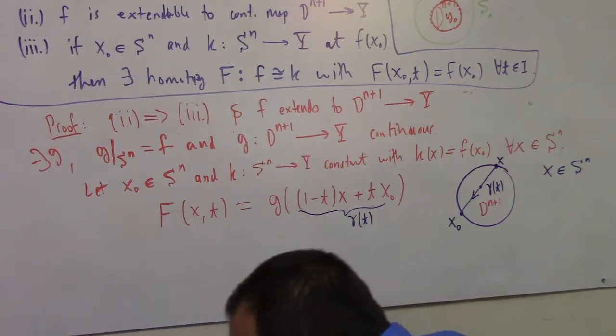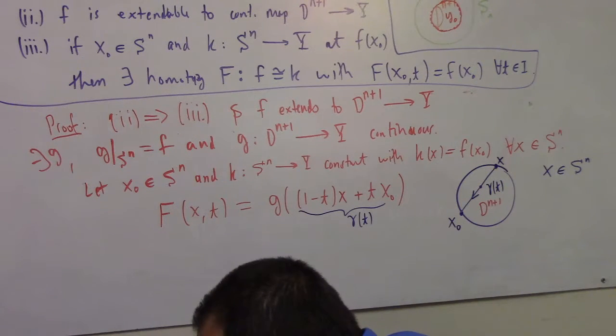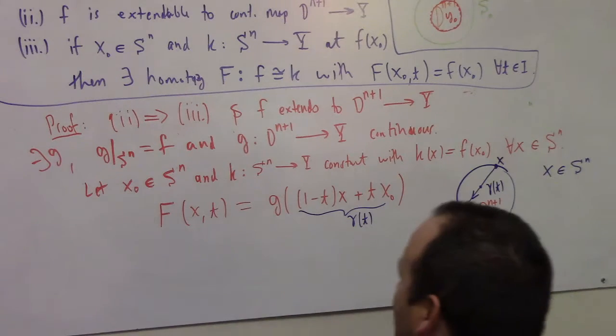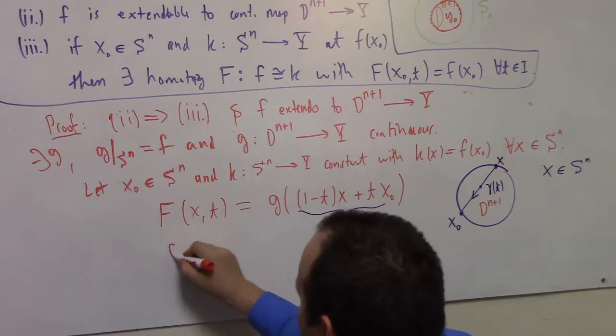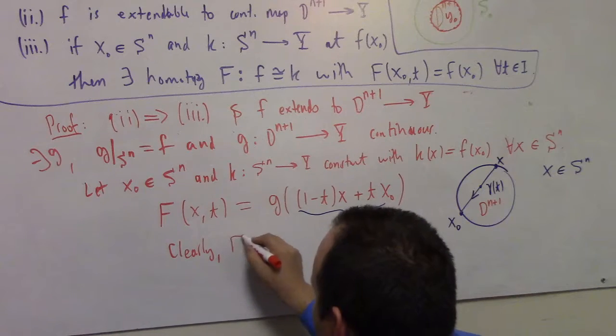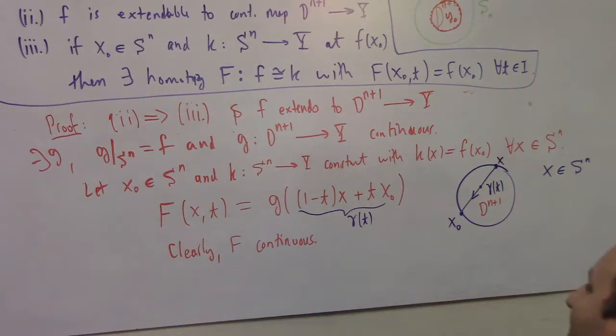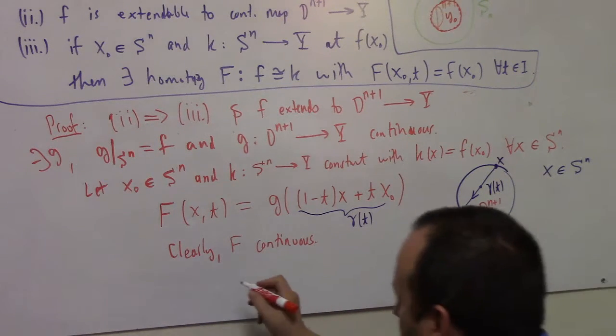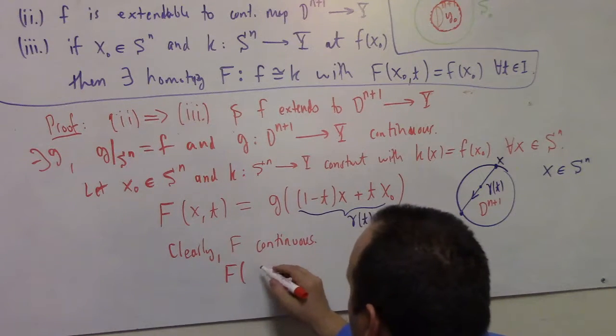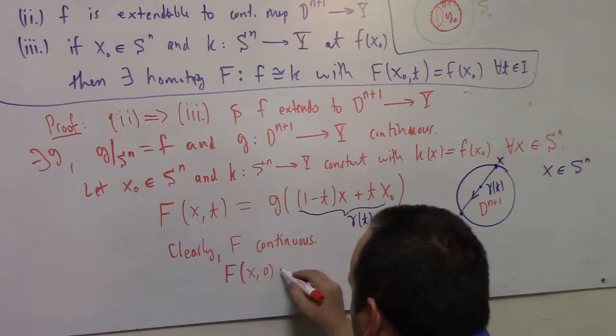So then you can check that it's a homotopy. He says visibly, F is continuous. Clearly F is continuous. It's true, it is the composite of a parameterized line and a given continuous function. And then of course we need F of x comma 0.